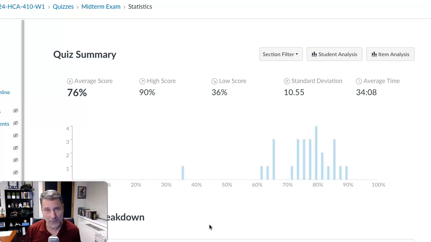Every instructor's different. Some people are like, hey, 76, that's a C. That should be the midpoint of the bell curve. For me, that's typically a little low. I like to see that a little bit higher, maybe in the low to mid 80s for the average score. But we're at a 76, so it's causing a little bit of concern with me.